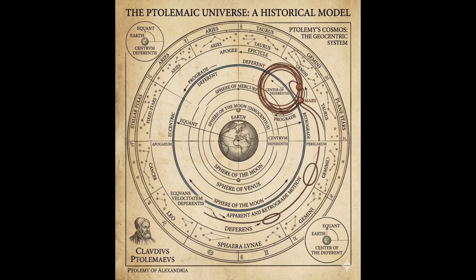The system predicted planetary positions well enough to keep calendars, guide navigation, and time religious observances across the Mediterranean and medieval Europe. As observations accumulated, Ptolemaic predictions began to drift from what the sky actually showed.